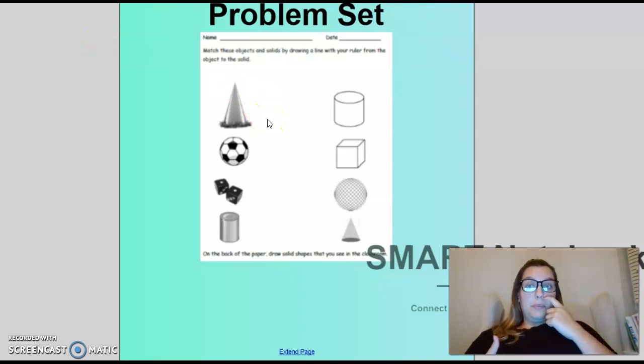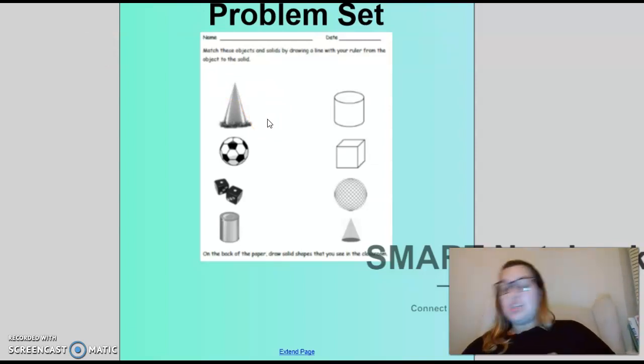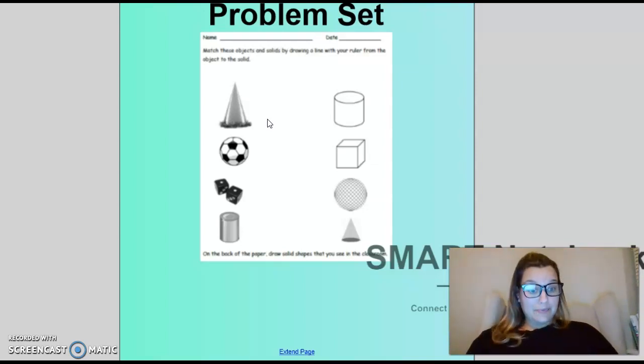So, I said there were real examples of these shapes all around us. I found some in my house. Before I go and give you a challenge, I want to do this with you. We are going to find the object over here that we could find in the real world and match it with the 3D shape that it represents.